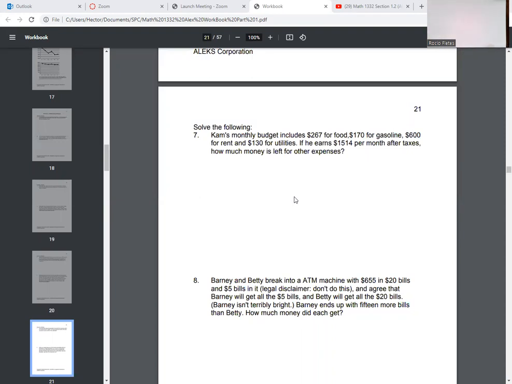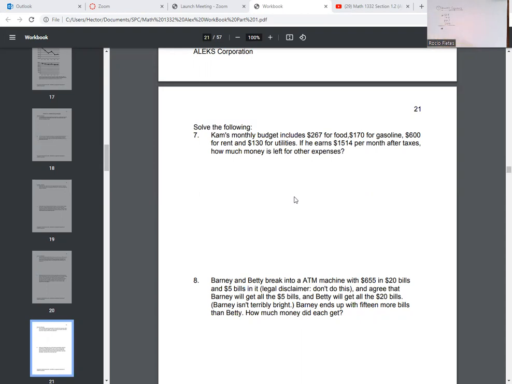So let's add up her expenses per month. So monthly expenses, I'm just going to write down monthly expenses. We have 267 for food, 170 for gasoline, 600 for rent, 130 for utilities.